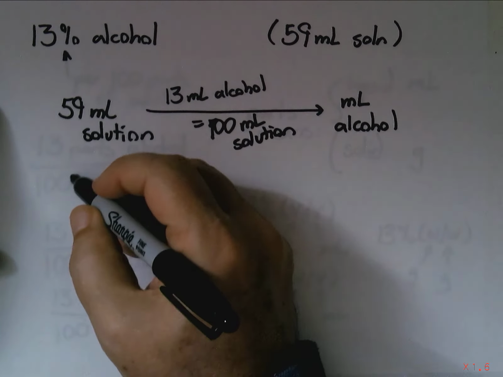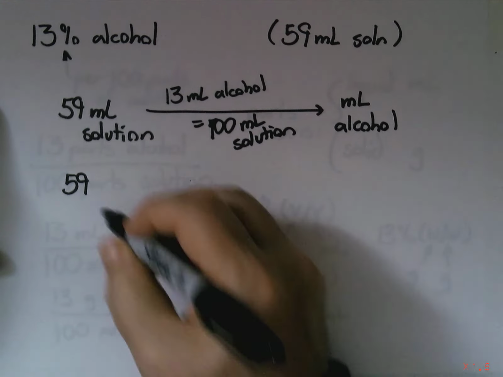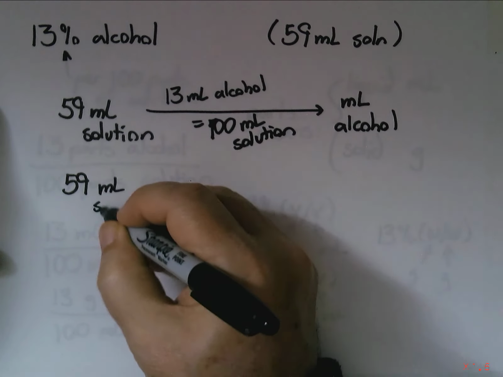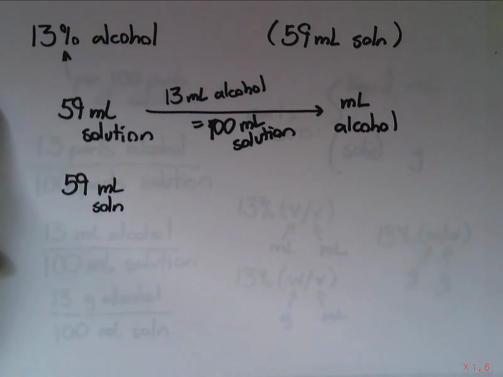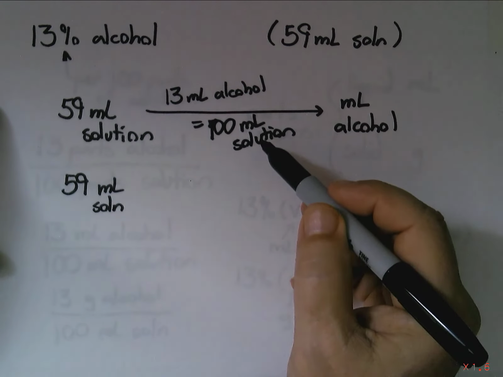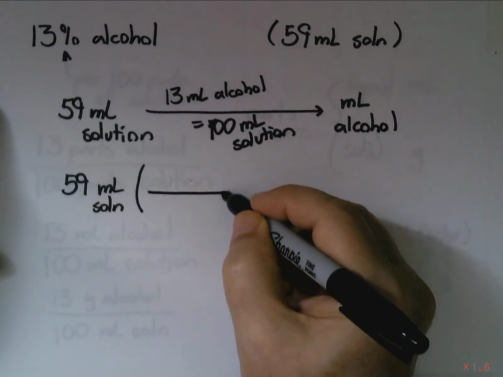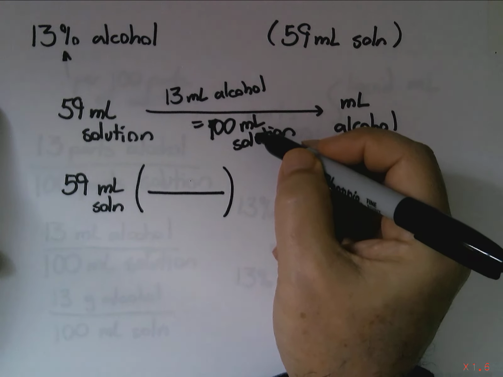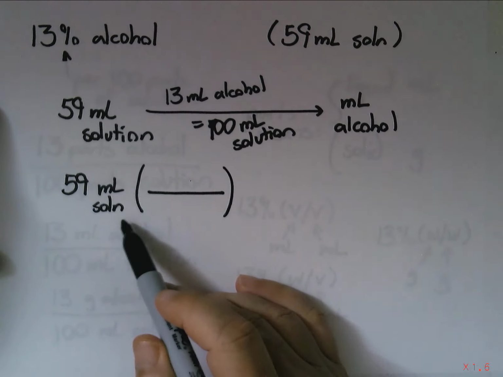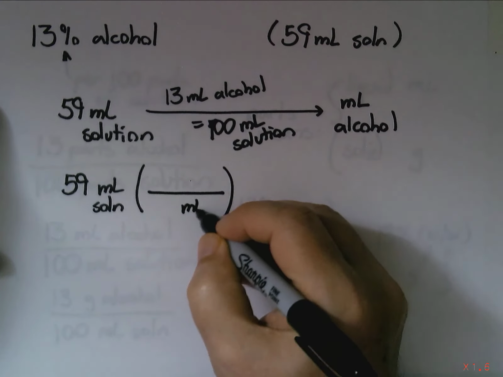So here it is. This is all I need. I can turn this into a calculation now. And I'm writing solution in. I'm going to use SOLN a lot as we go along, just as an abbreviation for it. I'm writing not just milliliters, but milliliters of what? Because I have two different kinds of milliliters here. They're actually two different units. I'm going to turn this into a fraction. Remember this? What goes on the bottom? Well, milliliters of solution is on the top, so I know milliliters of solution has to go on the bottom.